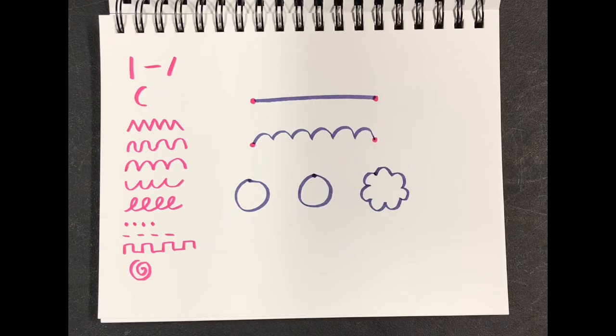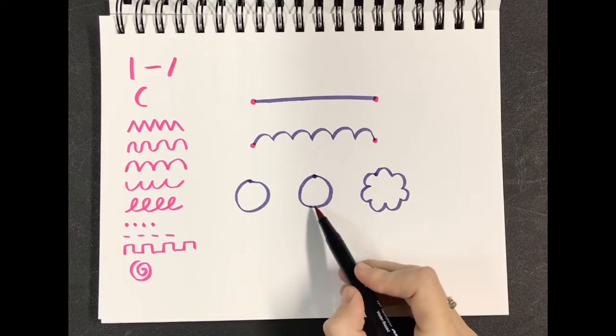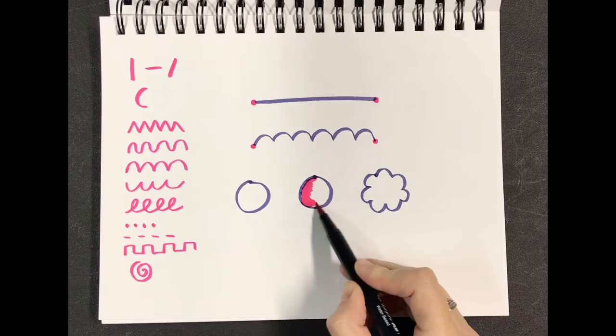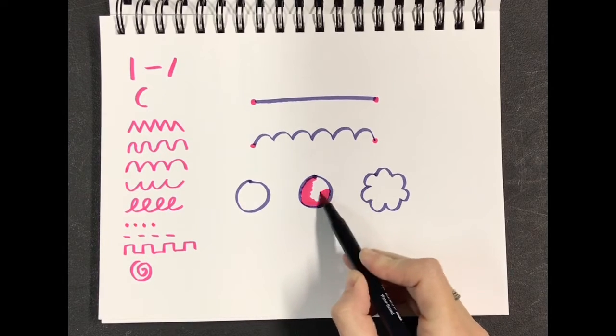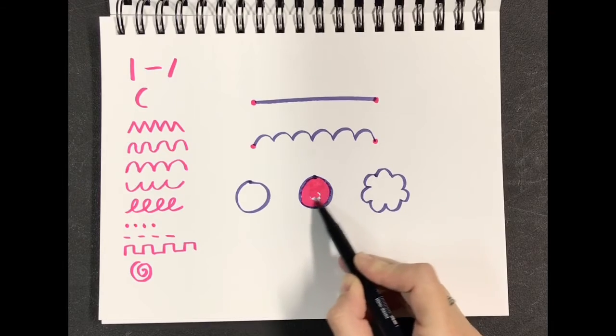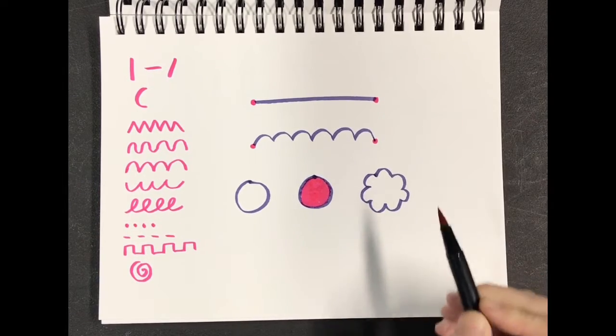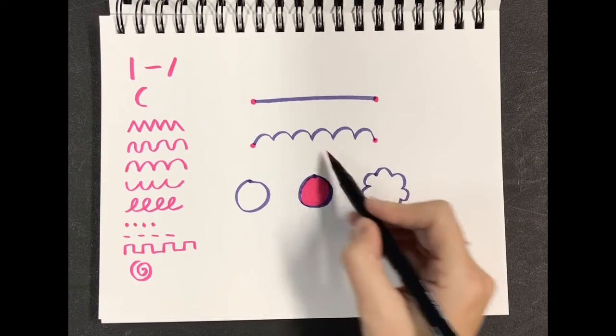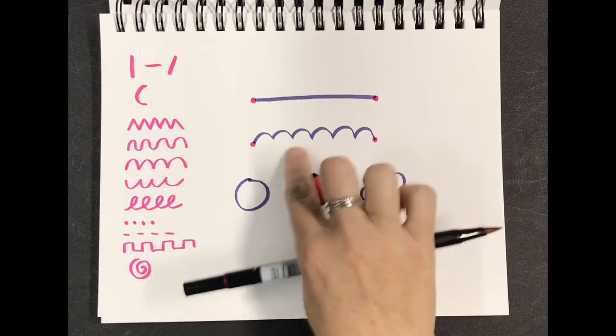And when you take a line and the start and the stop meet and it creates a shape, then you know exactly where you might want to color in because it's closed, and you know that you can fill in this right here, and you know exactly where you might want to add your color. Whereas this line right here, I don't know what to fill in because it's so open.